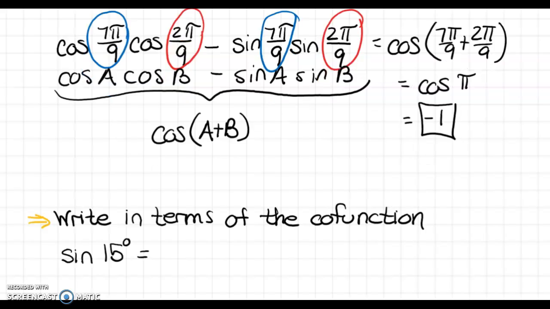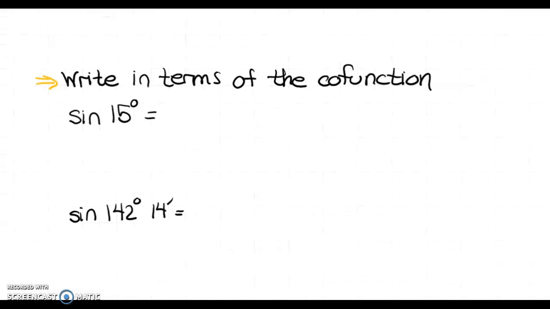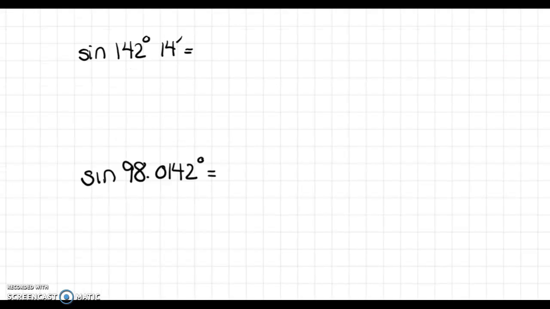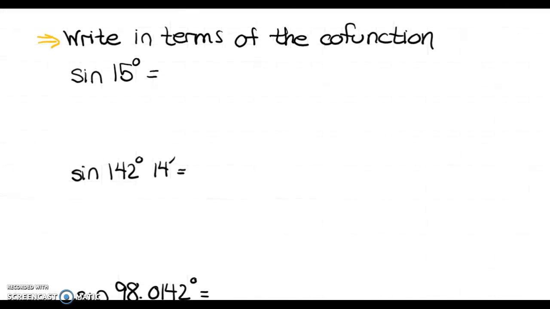All right, so I'm going to just do two examples of these kinds of problems where we are going to write a function in terms of its cofunction. And remember, cofunction angles, because they come from a right triangle, have to be complementary. They must be complementary. So I need to find an angle that's complementary to 15 degrees.